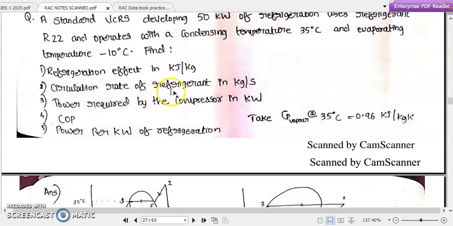Circulation rate of the refrigerant means the rate at which the refrigerant or working fluid is flowing throughout our refrigeration system, in kilogram per second. They are asking us to find out the mass flow rate of our refrigerant.